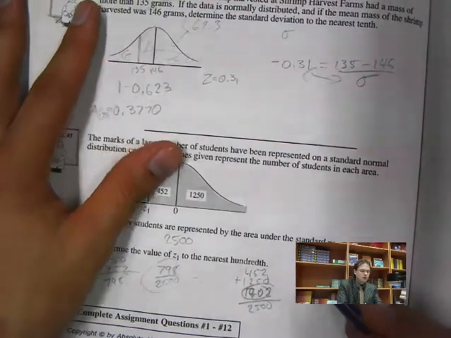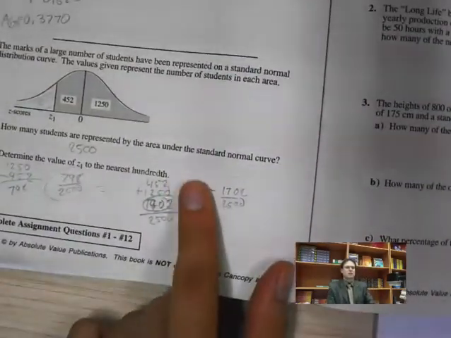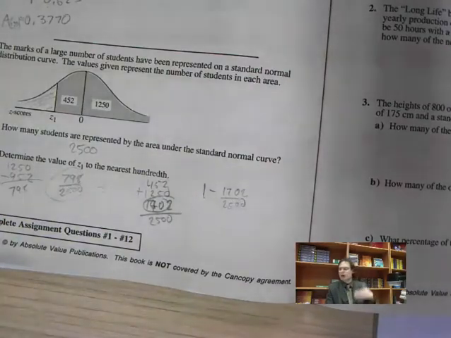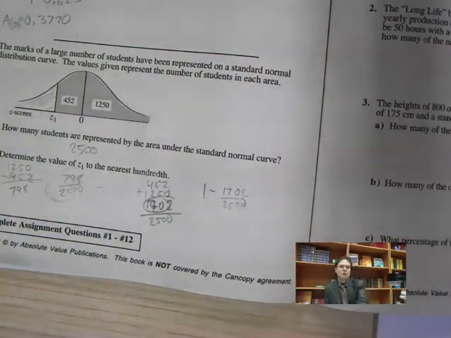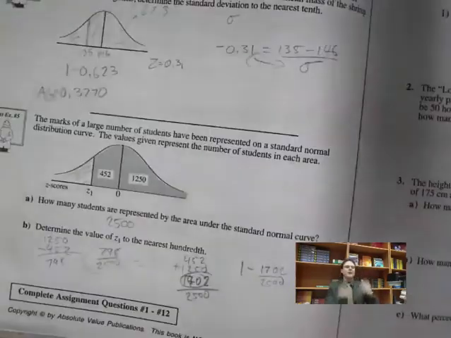Then I go 1 subtract 1,702 over 2,500, and that will get me the percentage as well. Once I get that percentage, I look it up in my z-score table, find the nearest z-score close to that area under the curve, and that's my answer.